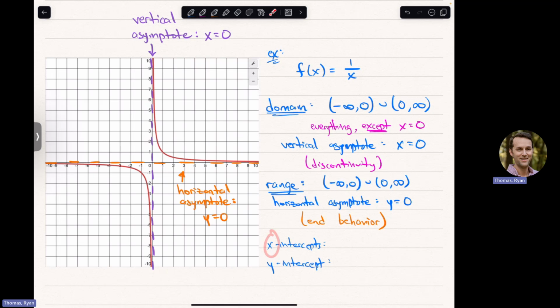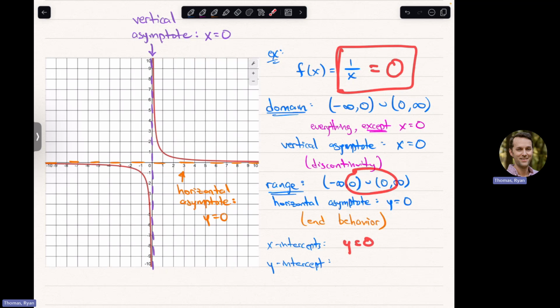To find x-intercepts, you let y be 0. If I let y be 0, though, I'm setting this equal to 0, and like we just looked at, that never happens, right? 0 is not part of the range, so that means there are no x-intercepts.